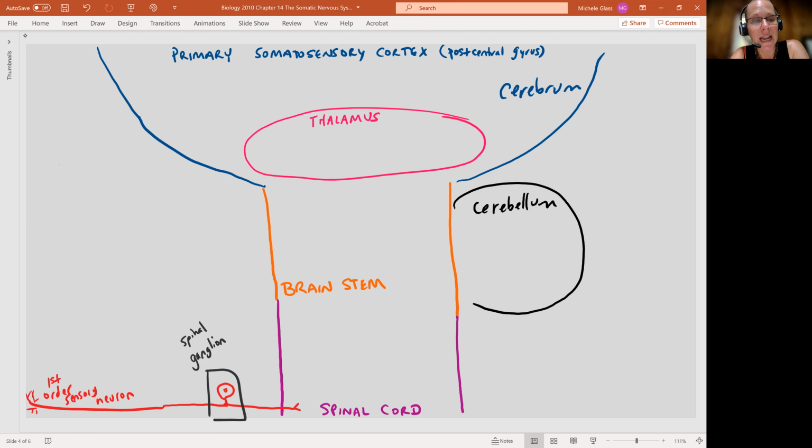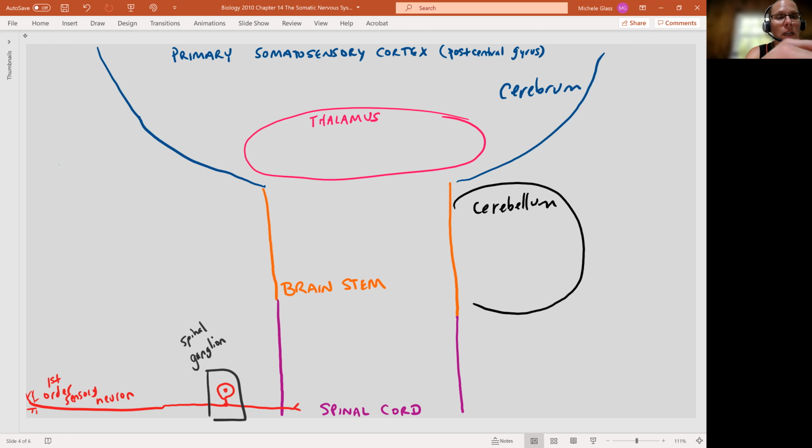And then notice I have my sensory neuron, which is shown in red. It's called a first order sensory neuron, and I have it drawn as a unipolar neuron. So remember, that means the dendrite becomes continuous with the axon, but I have the cell body sticking out to the side. And my cell body I've positioned in what is labeled as the spinal ganglion, right?